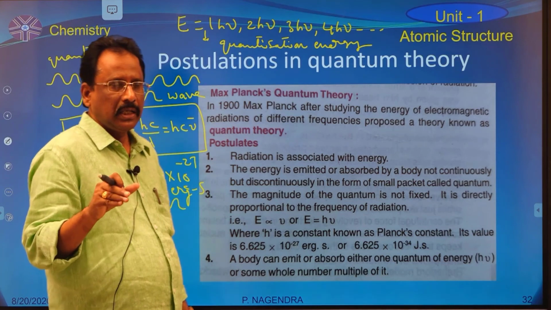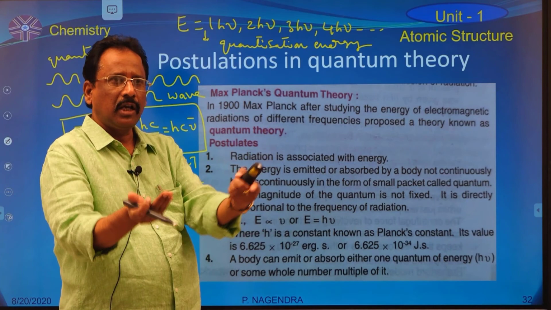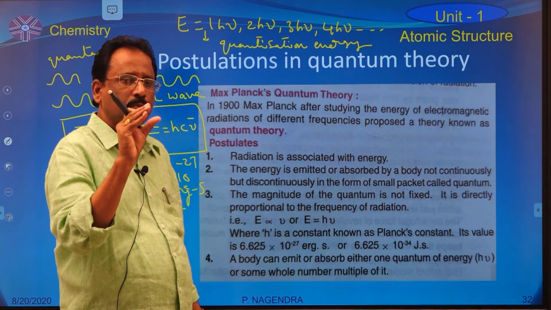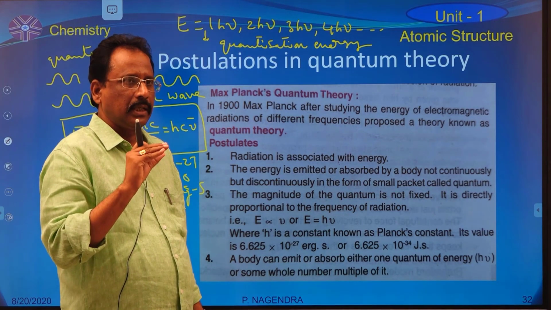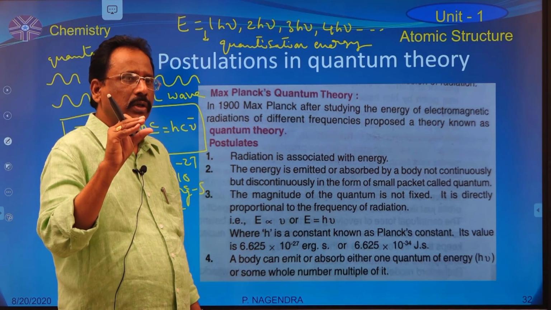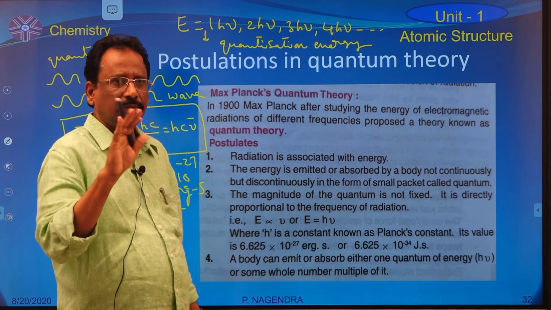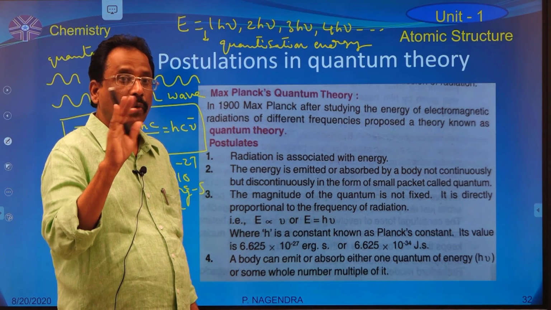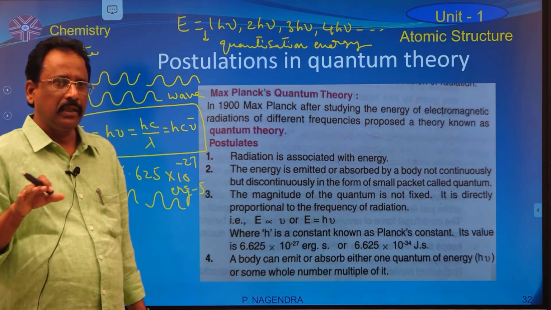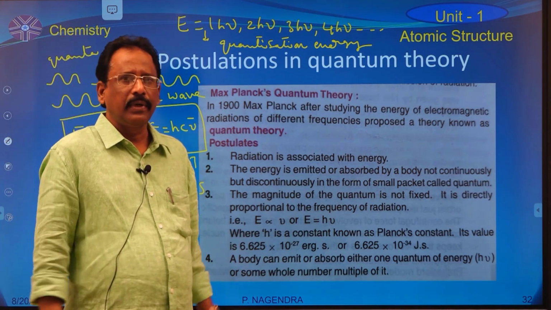So the final conclusion is that a body can emit or absorb the radiation discontinuously in the form of small packets, and the propagation of the radiation is also in the form of small packets, but not in the form of a continuous wave. So this is about the very important theory known as Max Planck's quantum theory of radiation.